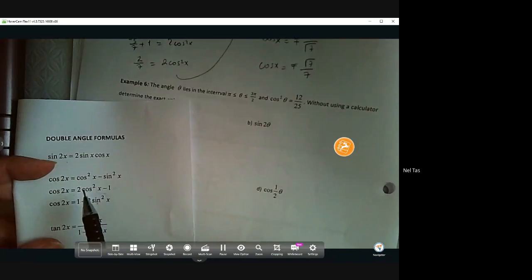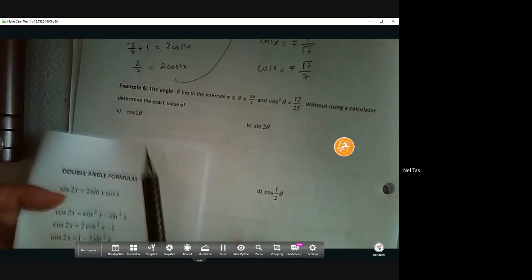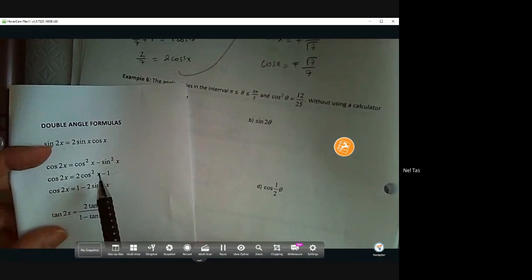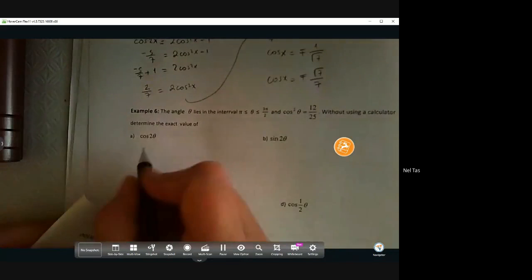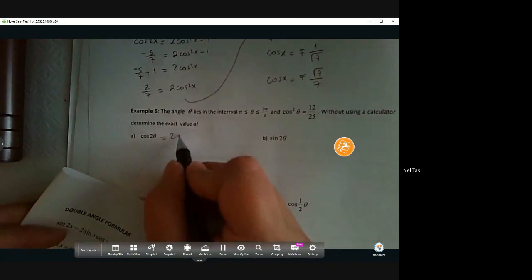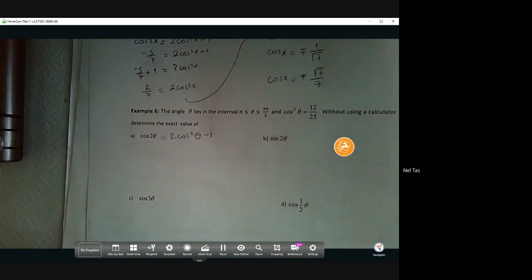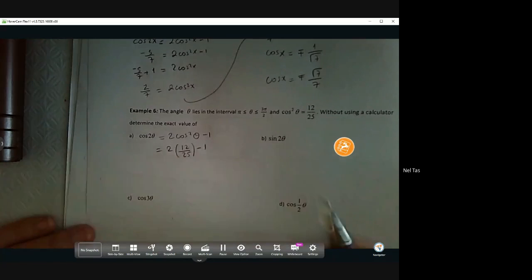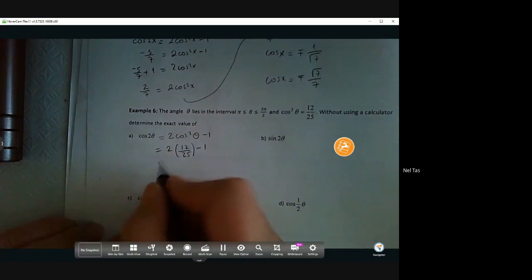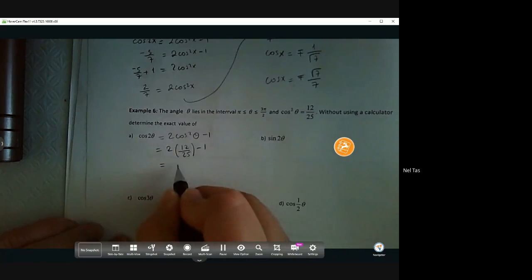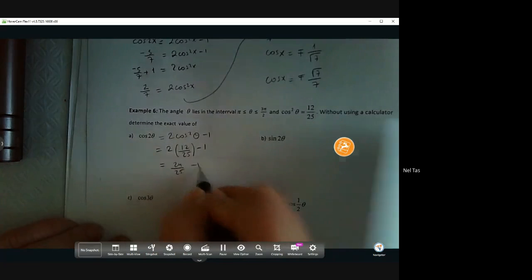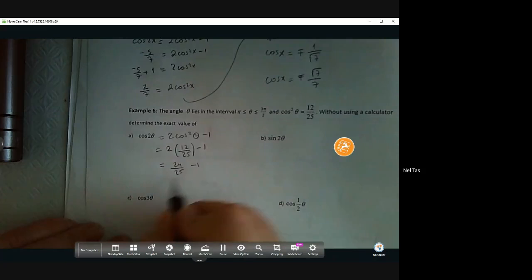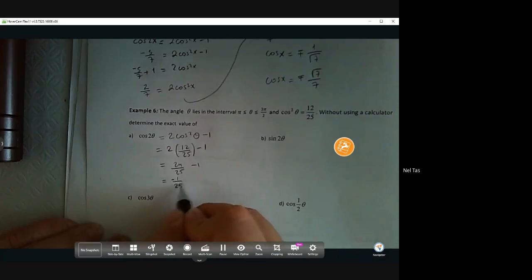If you don't want to calculate anything else, we should choose the second formula, because we are looking for cos 2x and we have cos x. So cos 2 theta is 2 cos squared theta minus 1, which is 2 times 12 over 25 minus 1. So 24 over 25 minus 1 gives you negative 1 over 25.